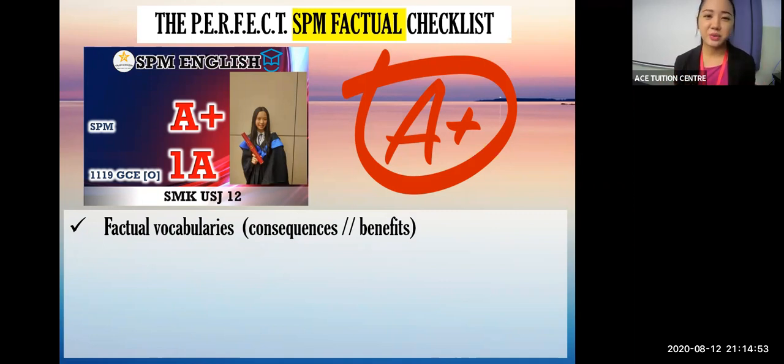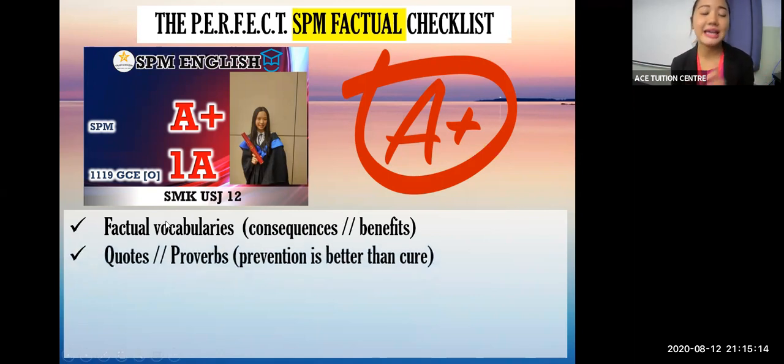Do you think the teacher will give you a higher mark? He or she will never give you a higher mark. So first of all, of course, your vocabularies have to be more factual, words like consequences, benefits, and so on. So vocabularies are definitely the key.